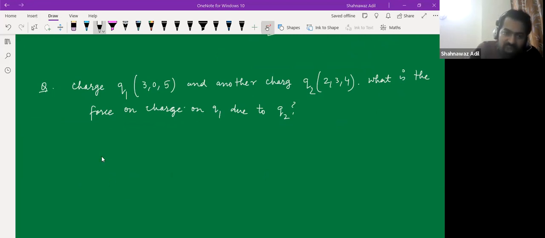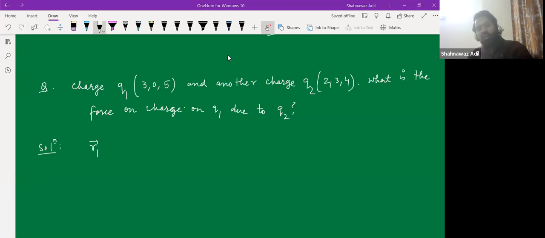What would be the position vector of Q1? What would be that, Arsalan? What would be the position vector of Q1?